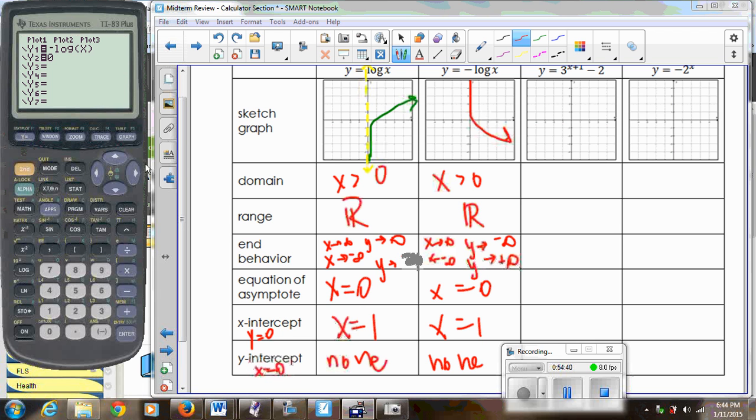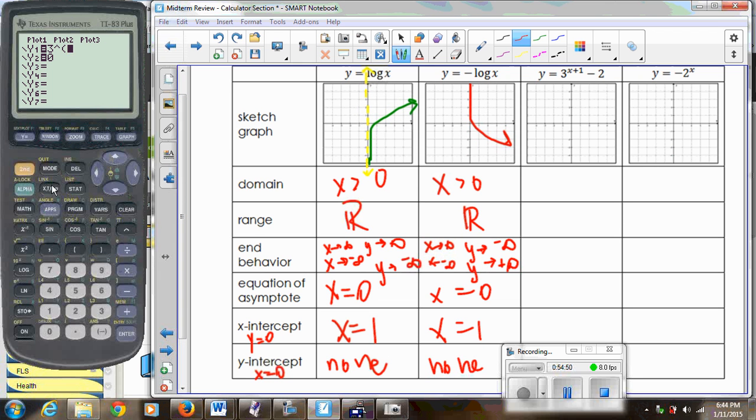In the next one, now we're moving over to an exponential function where we have 3 raised to the power, and I'm going to put the exponent in parentheses just to make sure I'm seeing all of it, x plus 1, and I'm going to subtract 2.